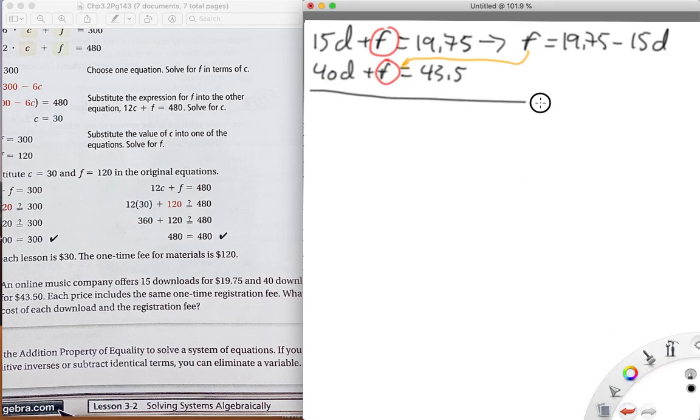So once we do that, we can say 40d plus 19.75 minus 15d is equal to 43.50.